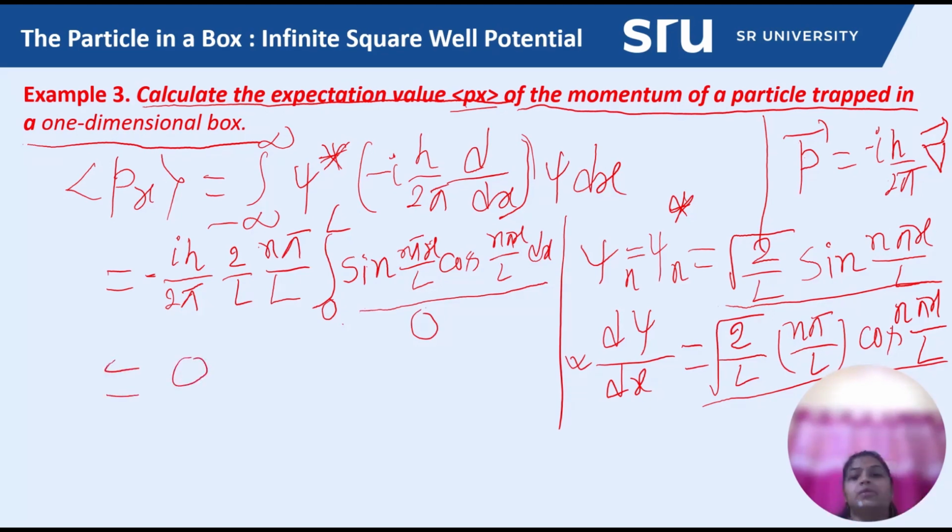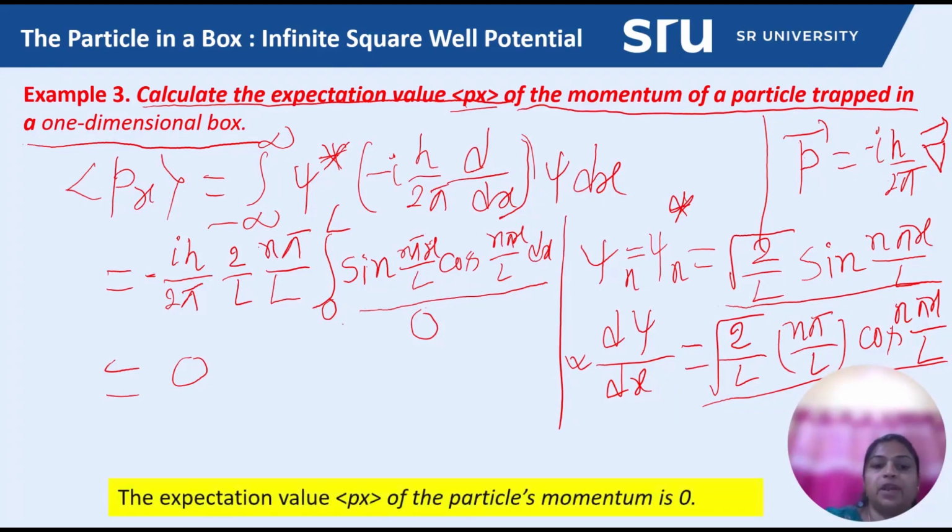So we can say that the expectation value of the momentum px of the particle is 0.